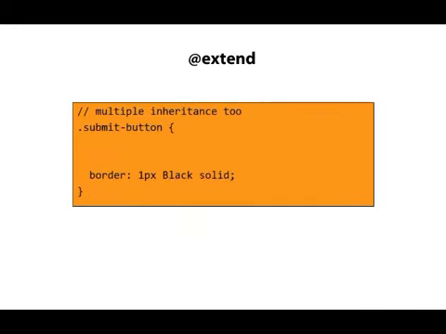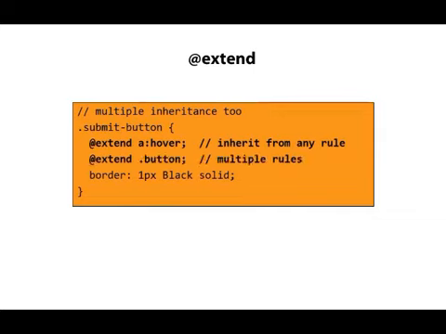It supports multiple inheritance as well, so you can not only extend from a style or any rule, but also from a class, and so that you can really create a structure for reusable and base elements and base classes and things like that in a simple way using SASS. Let's see how this works.